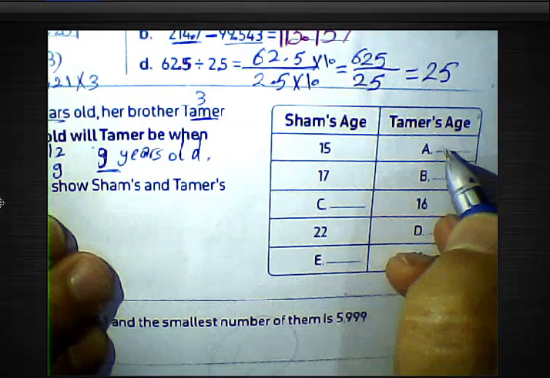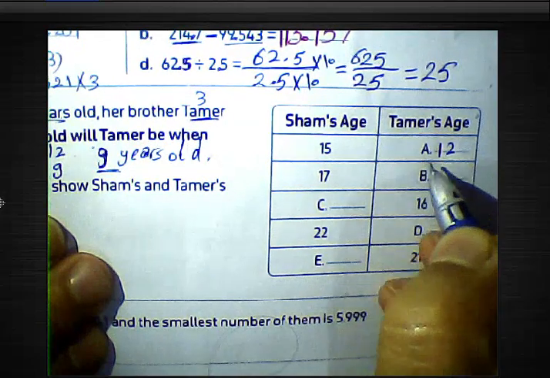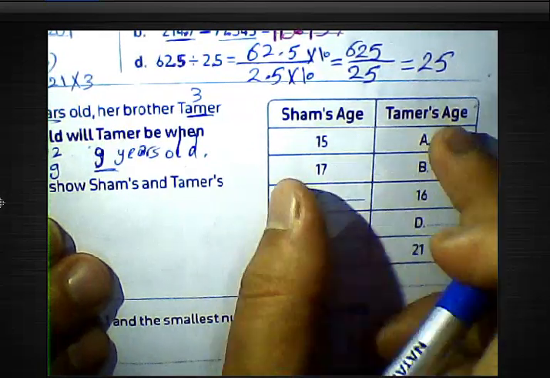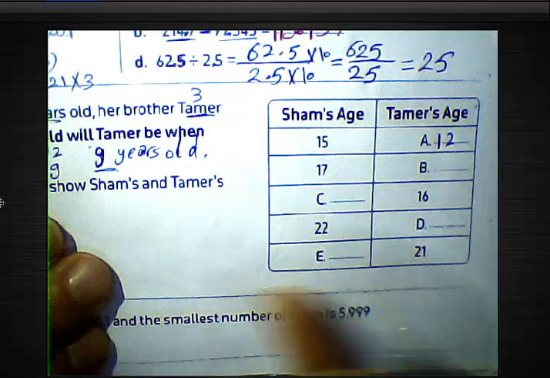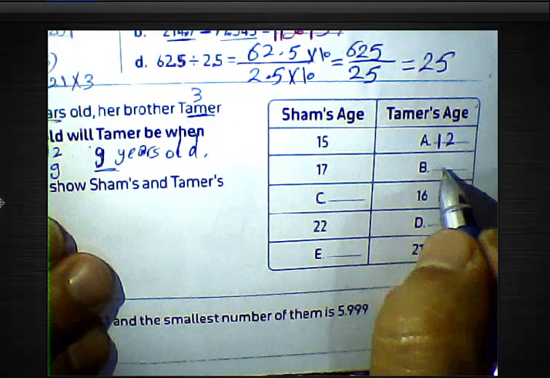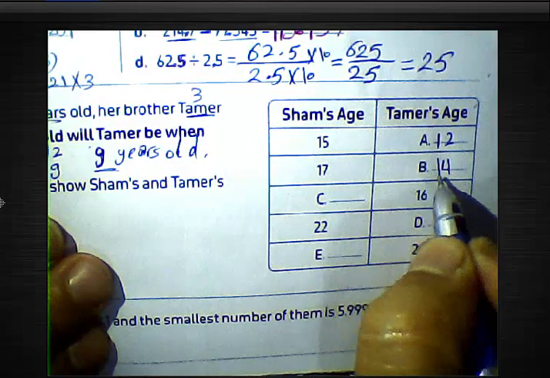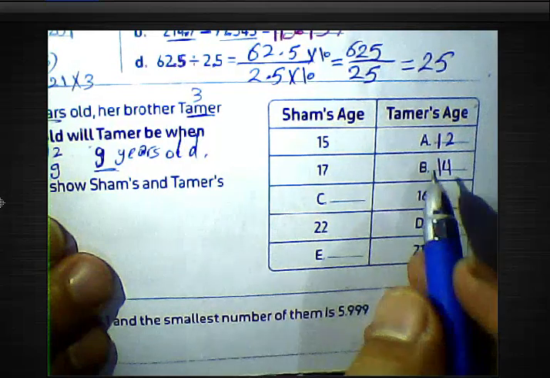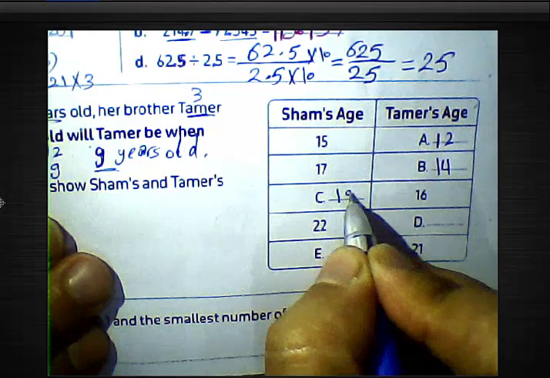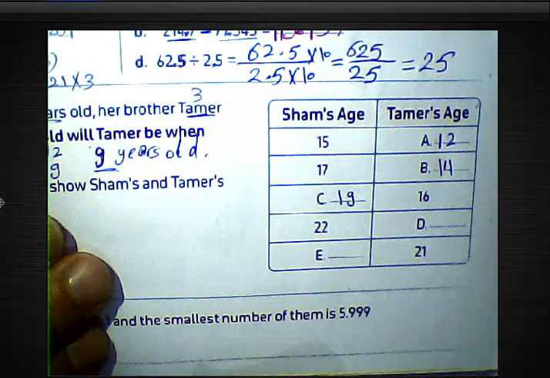Will be 12, because we have a difference of 3 years between Shams's age and Tamer's age. Shams's age 17, Tamer's age will be 14, because 14 plus 3 equals 17. And Tamer's age 16, then Shams's age will be 19, because 16 plus 3 equals 19.